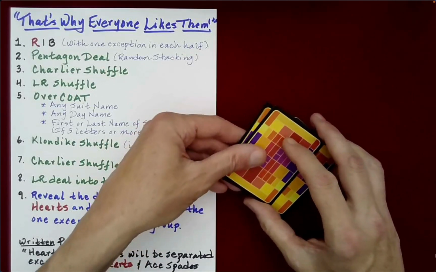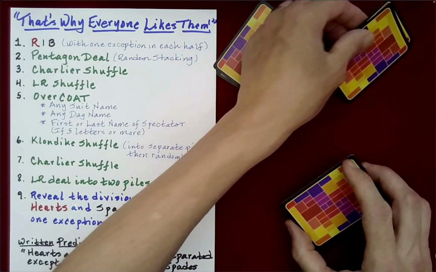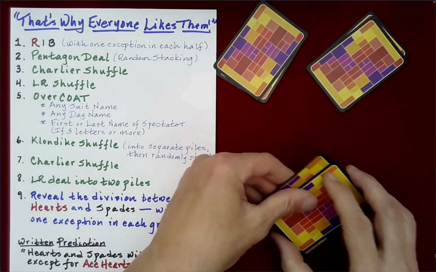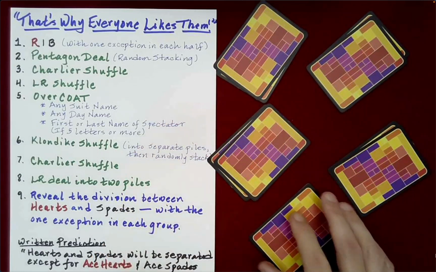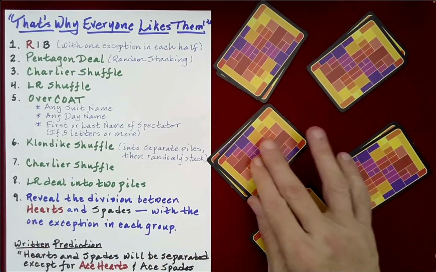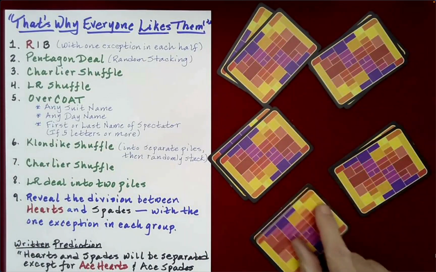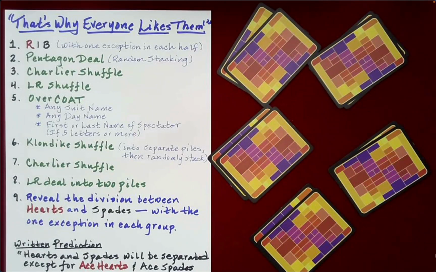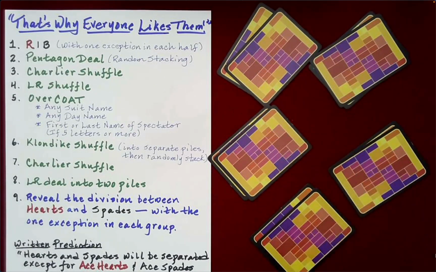Boy, that should sound reminiscent of what we did with the Pentagon deal, because it's going to essentially achieve the same sort of thing. So what we've just done here is we've separated the packet into 5 pairs where the bottom card for each pair came from the bottom half of the packet of 10, and the top card came from the top half of the packet of 10.